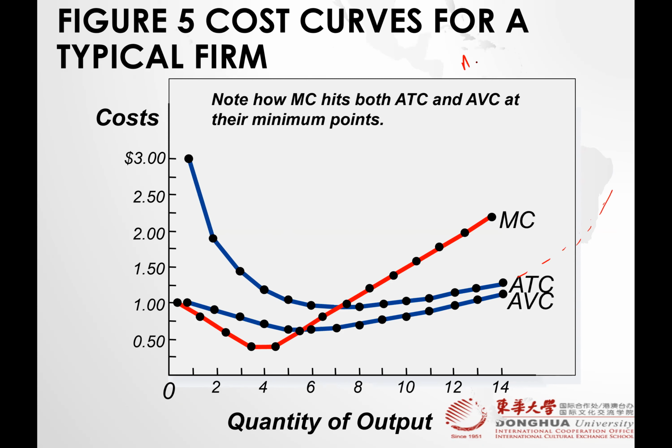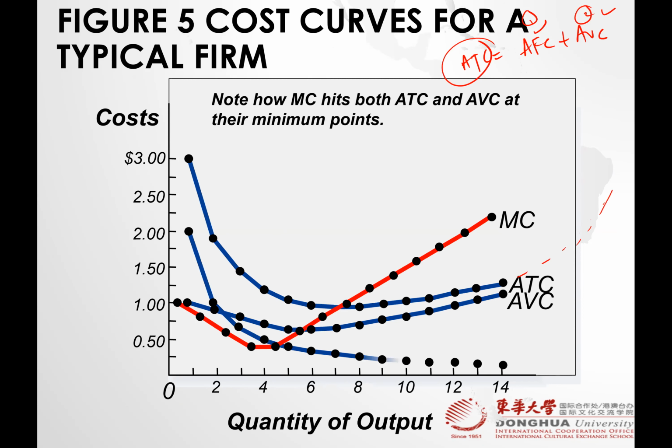Why? Because average total cost is equal to average fixed cost plus average variable cost. So average total cost will always be above the average fixed cost and average variable cost. The average fixed cost is always decreasing, right? So here we go.